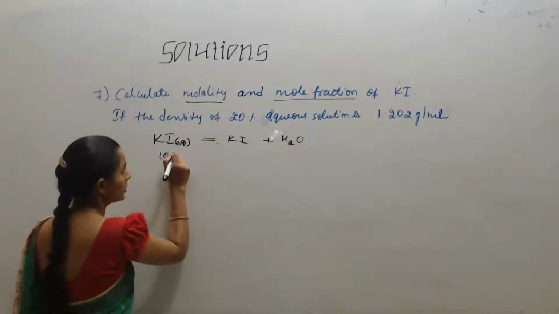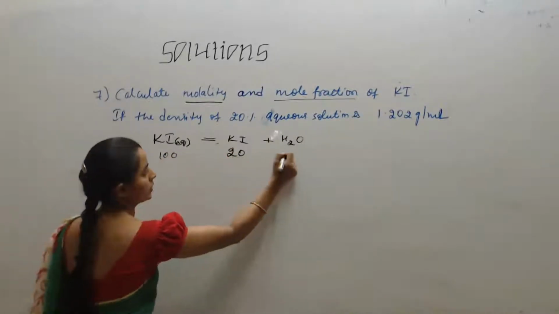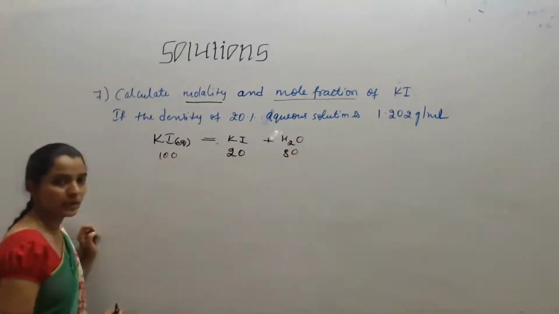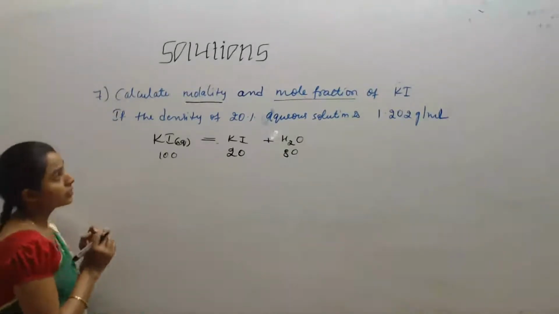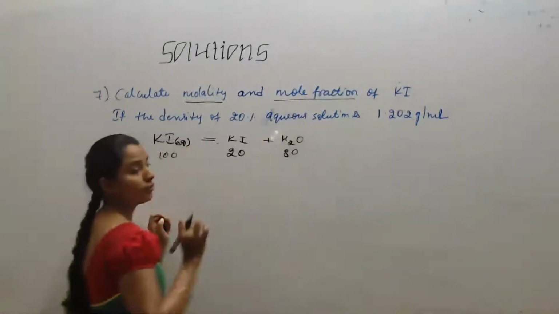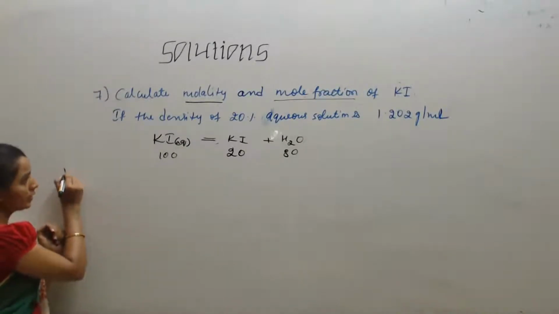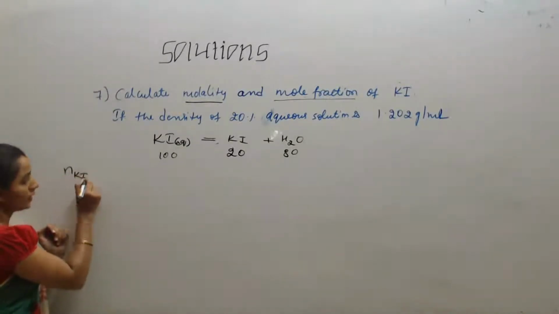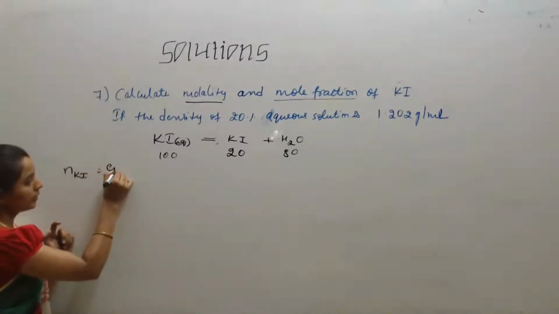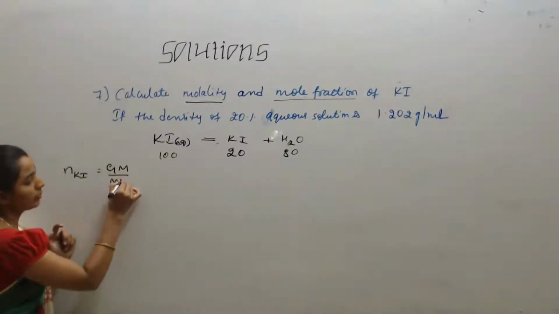If we consider it into 100, this is 20, this is 80. Okay, students, now we will consider the mole fraction first. Mole fraction means first we have to check n of KI. How? Given mass by molecular mass.